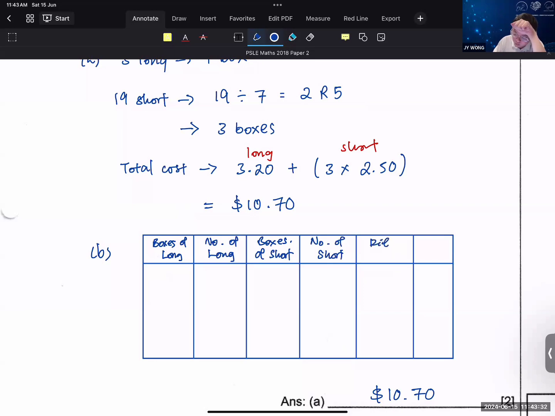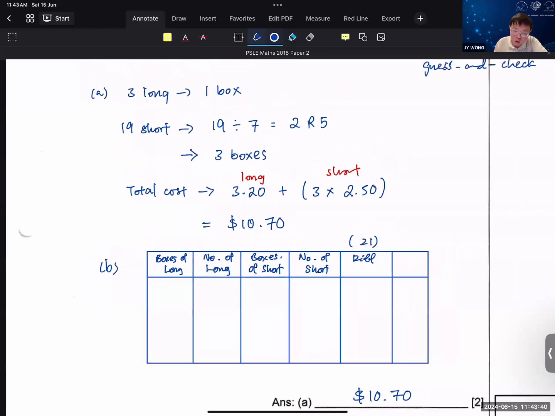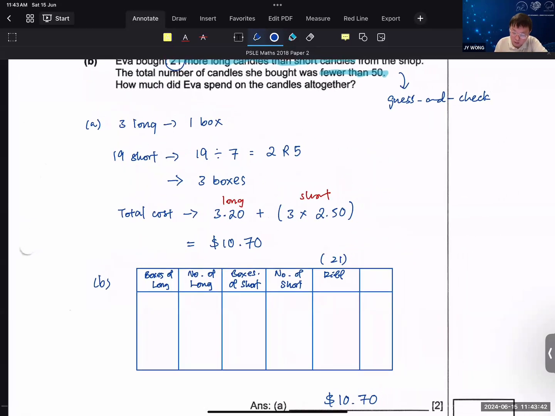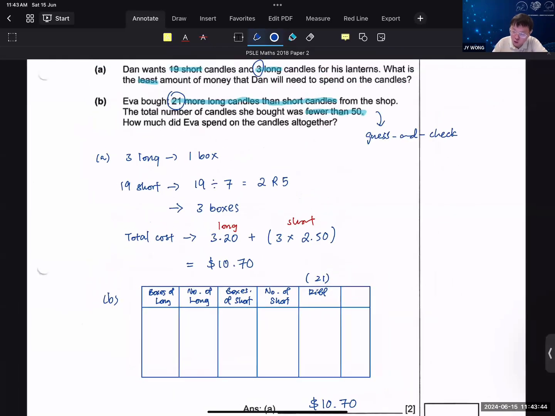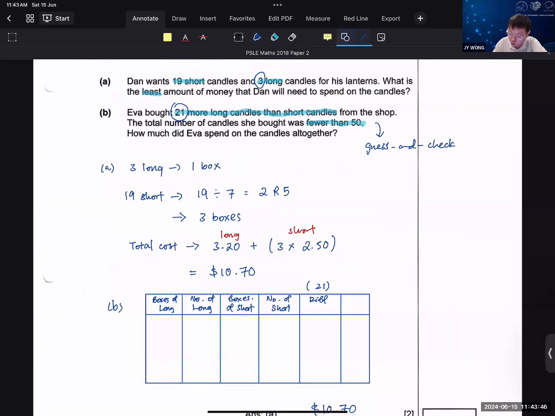And you will find the difference in the number of candles must be 21. The total number of candles she bought must be less than 50. So you also do need to check what is your total, because your total has to be within 50.